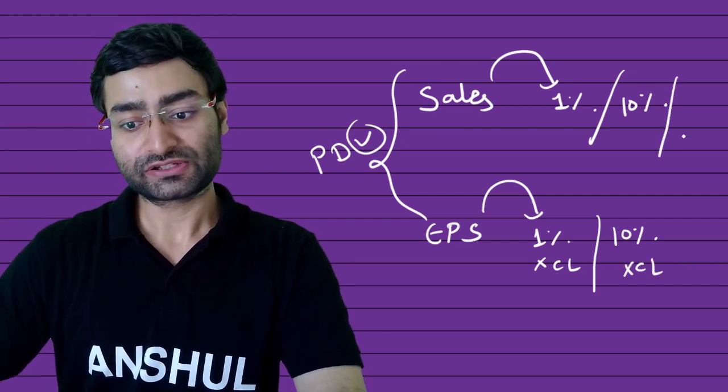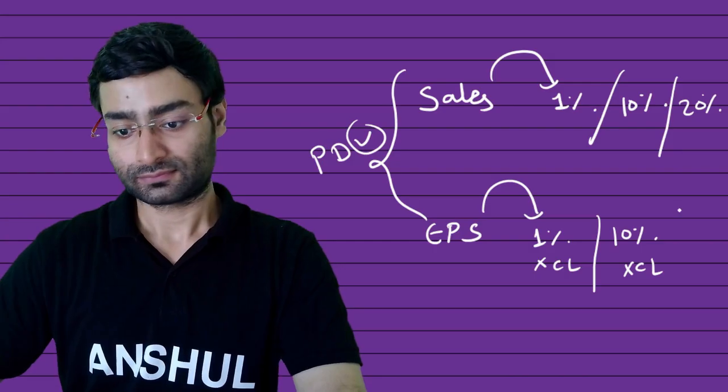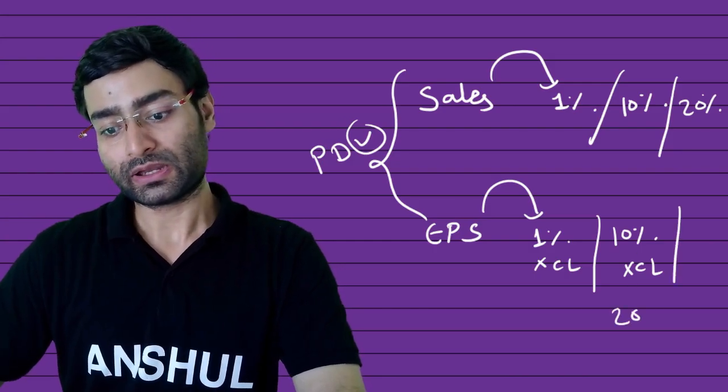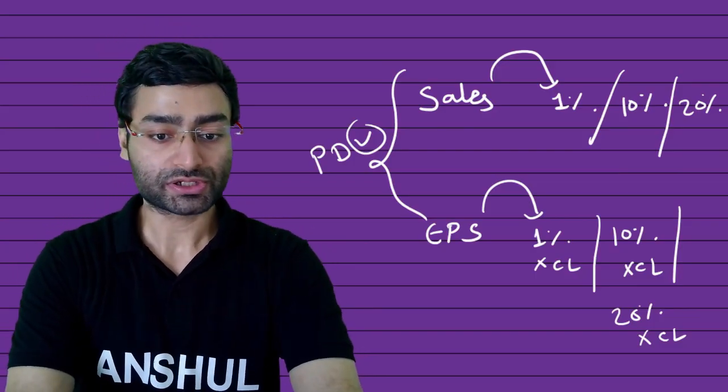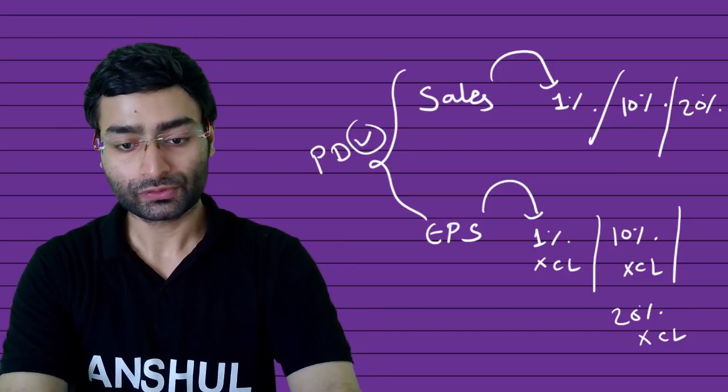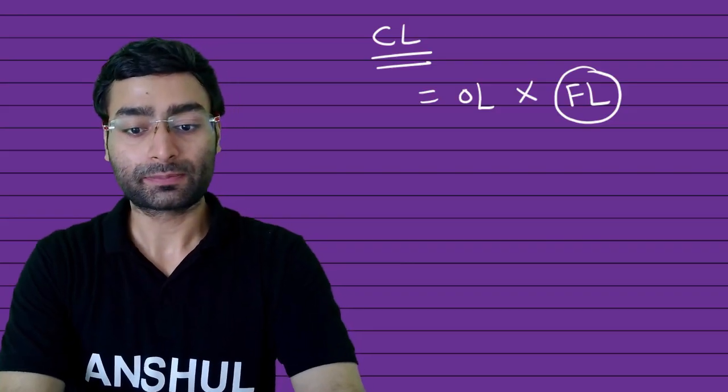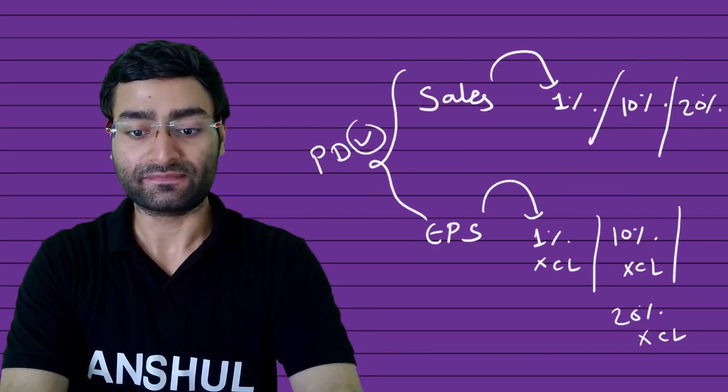If sales changes by 20%, my EPS will change by 20% multiplied by combined leverage. As there are two interpretations of financial leverage, in the same way there are two interpretations of combined leverage also.